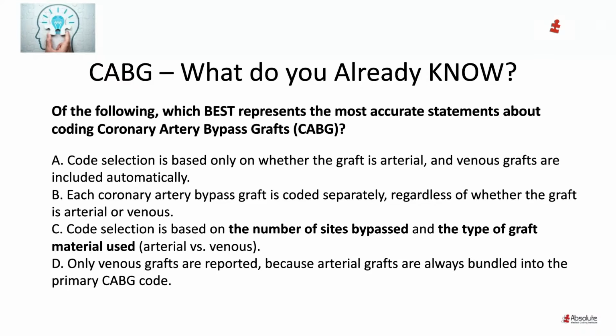C. Code selection is based on the number of sites bypassed and the type of graft material used, whether arterial or venous. And D. Only venous grafts are reported because arterial grafts are always bundled into the primary CABG code. What say you?